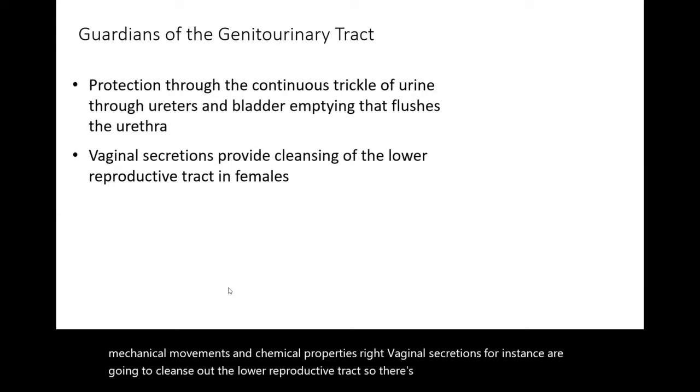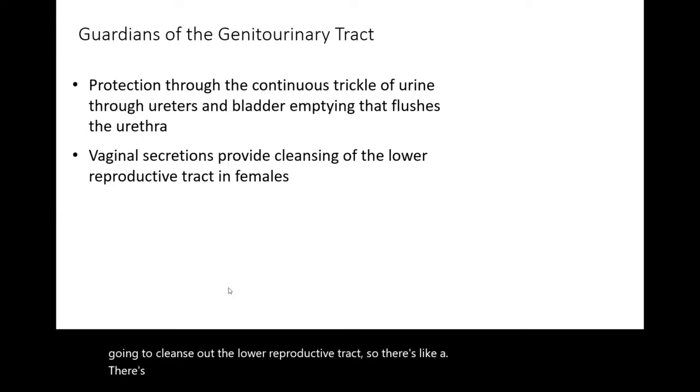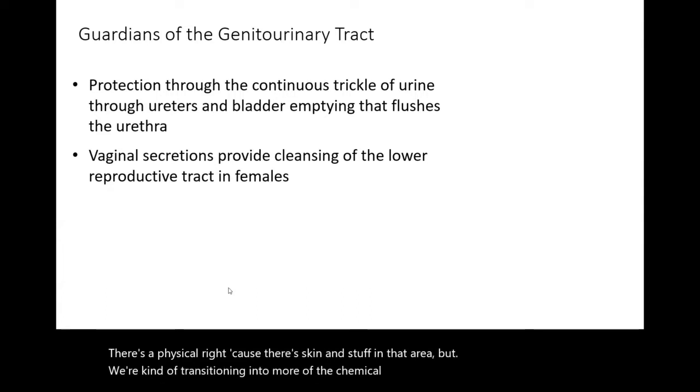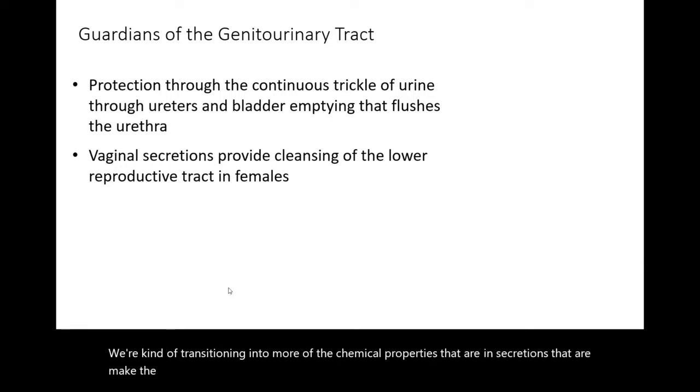There's a physical barrier because there's skin in that area, but we're transitioning into more of the chemical properties in secretions that make the vagina an inhospitable environment. Same thing with urination, but that's more of a mechanical movement.